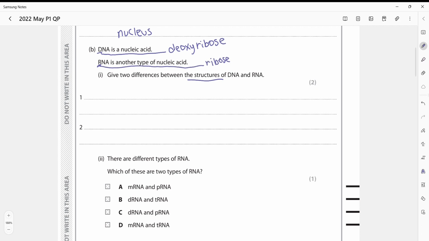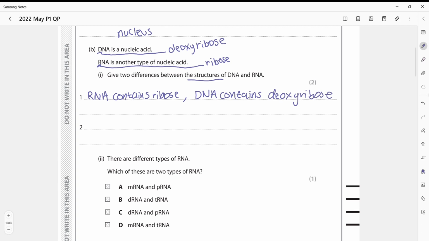So that's one of the differences here. You can say RNA contains ribose, whereas DNA contains deoxyribose.